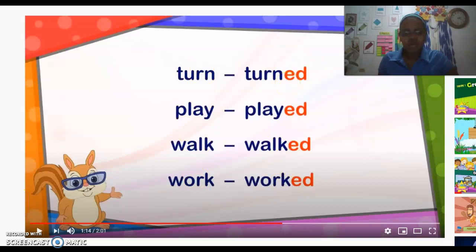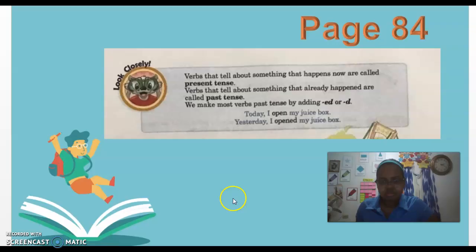So, let's go back again to the presentation. On page 84 of your book, you have some information. Here it says, verbs that tell about something that happens now are called present tense. So that means that if an action is happening now, it's in present.